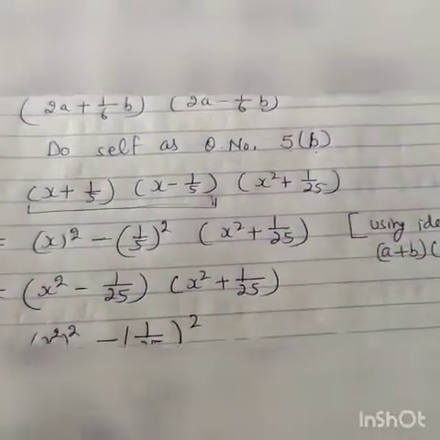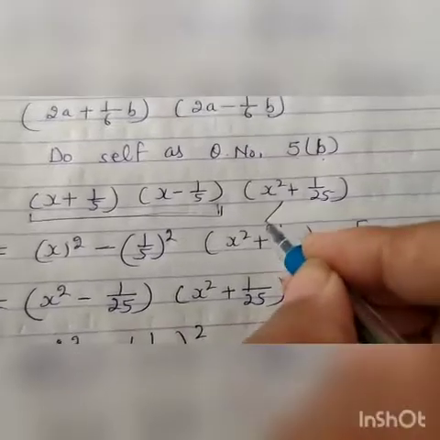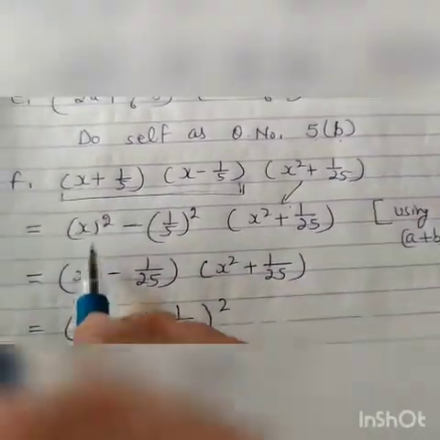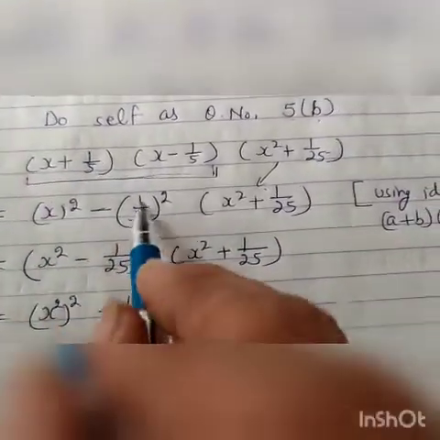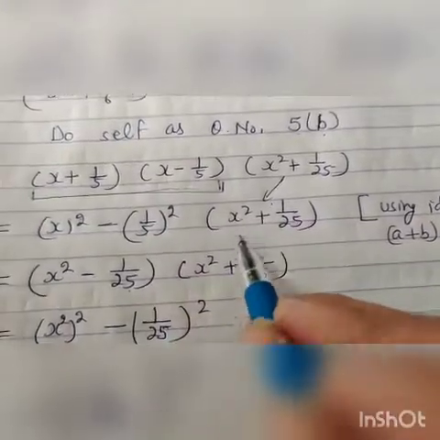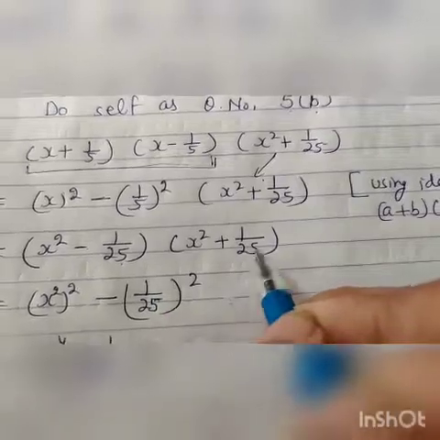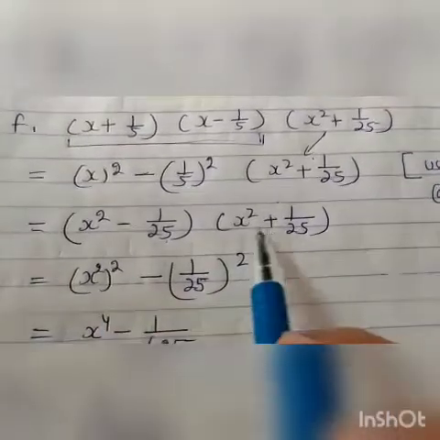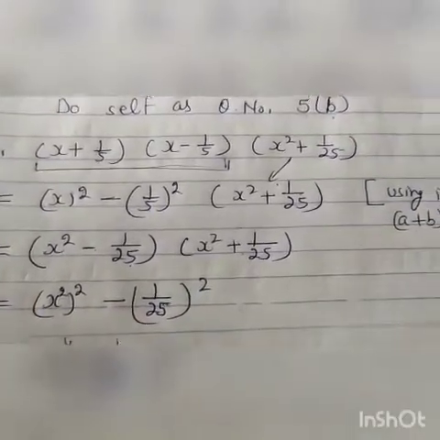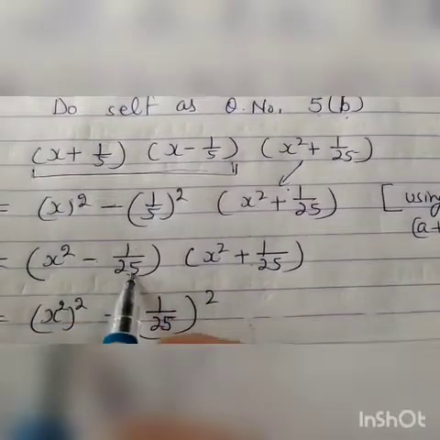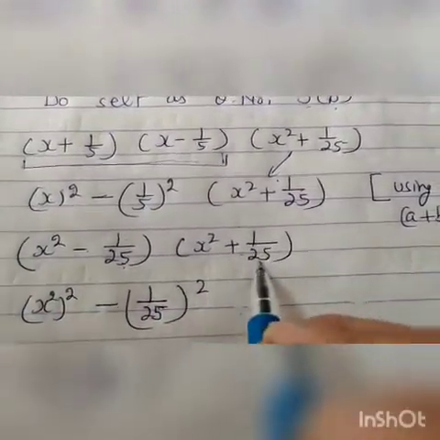This bracket will be written as it is. So this will become x square minus 1 upon 25. Then again this bracket as it is, x square plus 1 upon 25. See here again this identity form (a plus b)(a minus b). (X square minus 1 upon 25)(x square plus 1 upon 25).